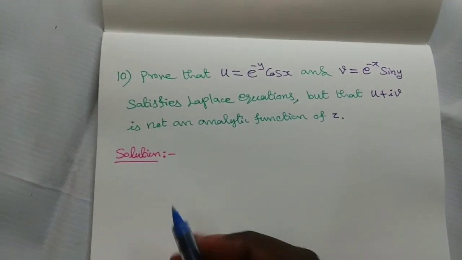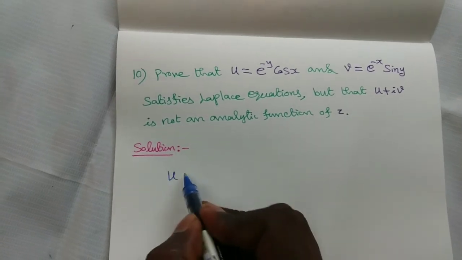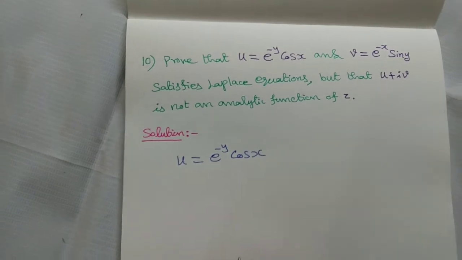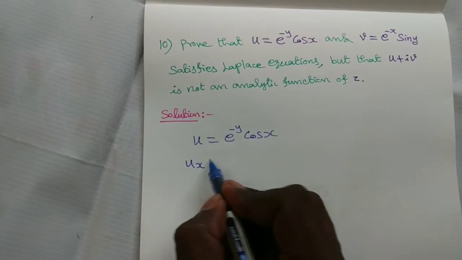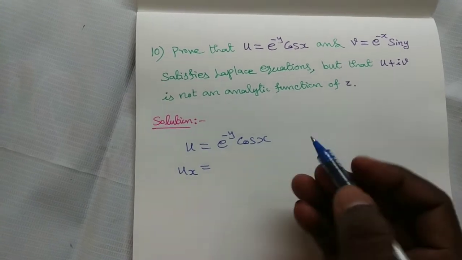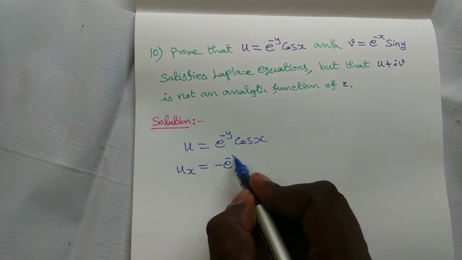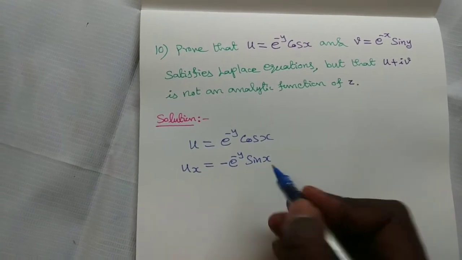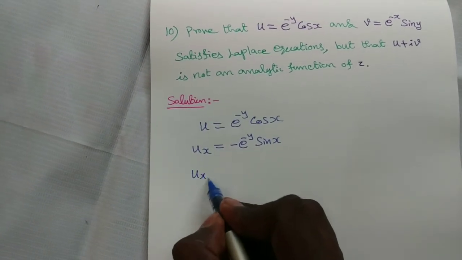Okay, so first I am going to take u. u is equal to e power minus y into cos x. So I want ux, the partial derivative with respect to x. Here only x. The derivative of cos x is minus sin x. So ux is minus e power minus y into sin x. And then I want uxx.